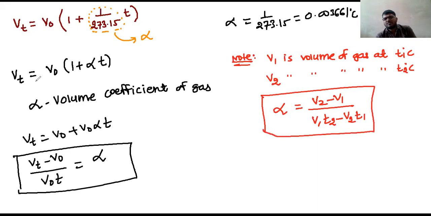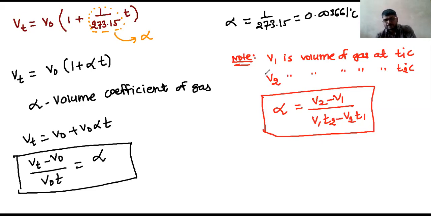Just substitute all the values in this formula: V1 is equal to V0 into 1 plus alpha T1, and V2 is equal to V0 into 1 plus alpha T2. If you solve this, you will get alpha equal to this formula. Understood?